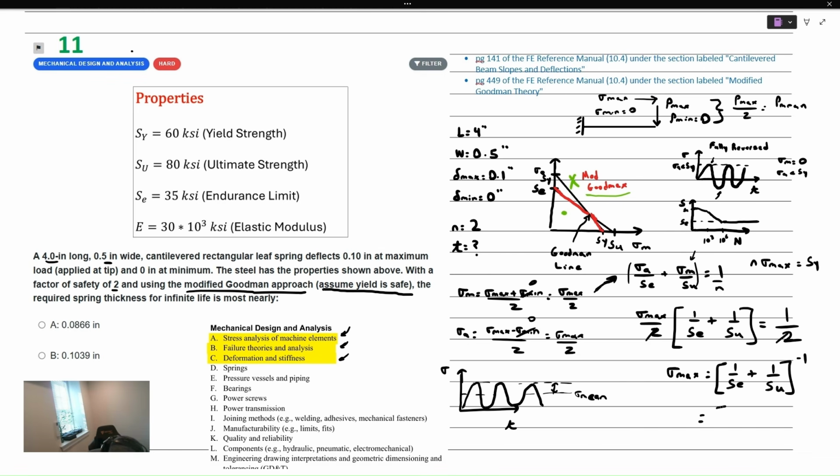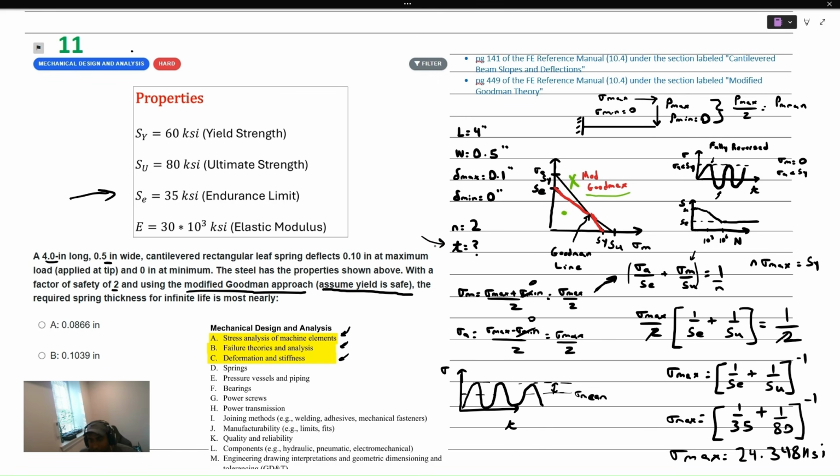That is equal to 1 over 35 KSI, that's our endurance limit over here, plus our ultimate strength in the same location. Approximately, it's around 1 over 80 raised to the negative 1. And what this means for us is that the maximum stress has to be 24.348 KSI.